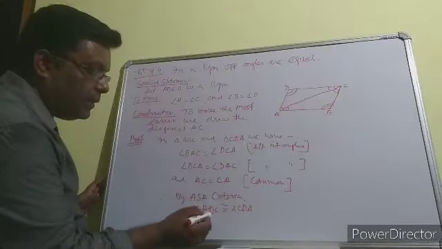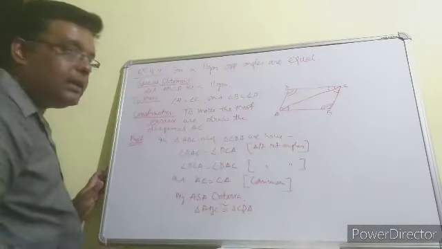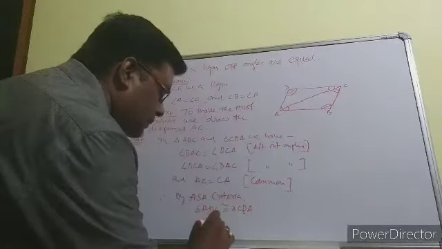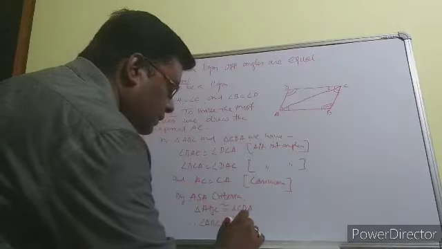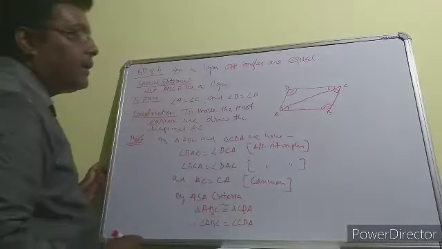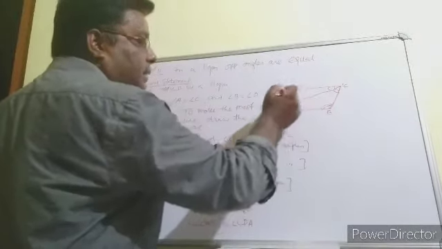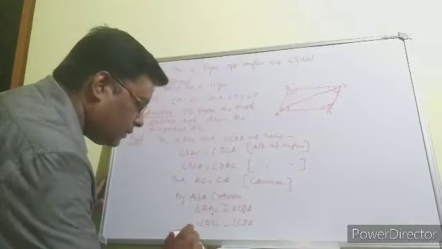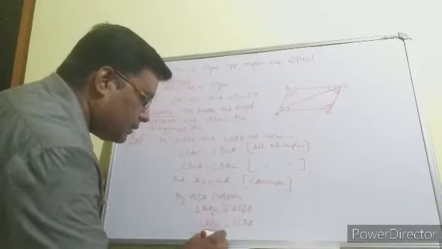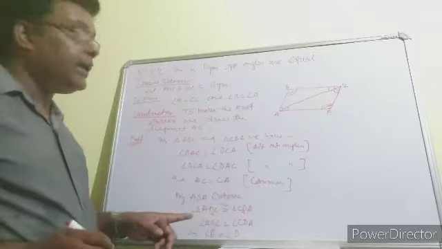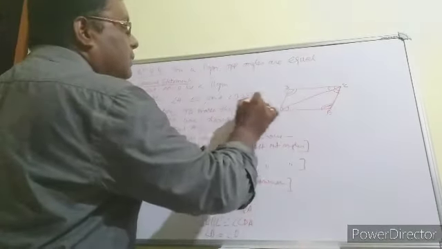That means here angle B is equal to angle D. Therefore, angle ABC is equal to angle CDA. That is angle ABC, that is angle B. CDA means angle D. That is angle B is equal to angle D. We get here angle B is equal to angle D.